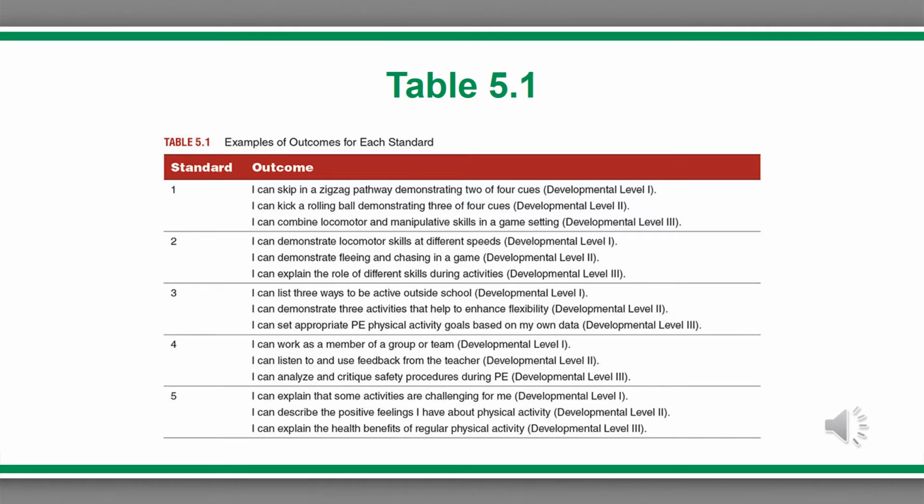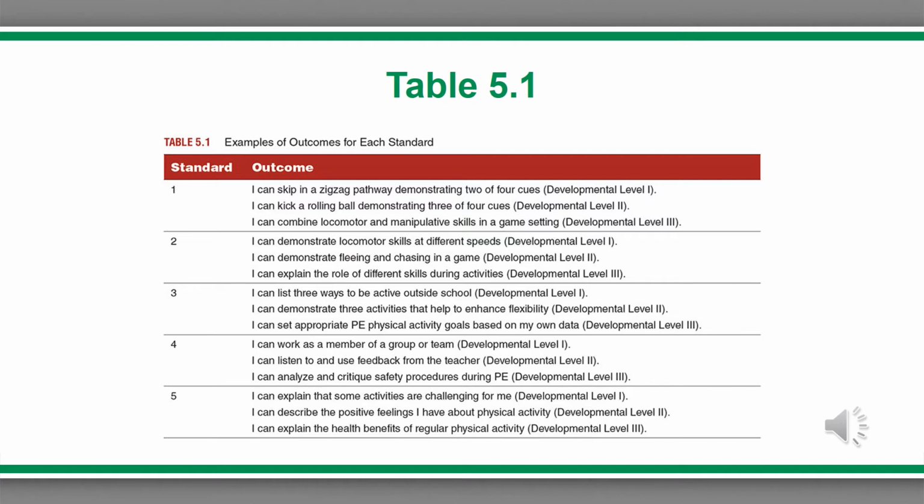But A is the actor, which is the student, so we know that automatically in PE, and that will be TSW. B is the behavior, and in these 2 examples, the behavior is skip and kick. And then what's the content? The rolling ball. And then the D, which we said was the degree. So the degree would be demonstrating 3 or 4 cues. So they use that often.